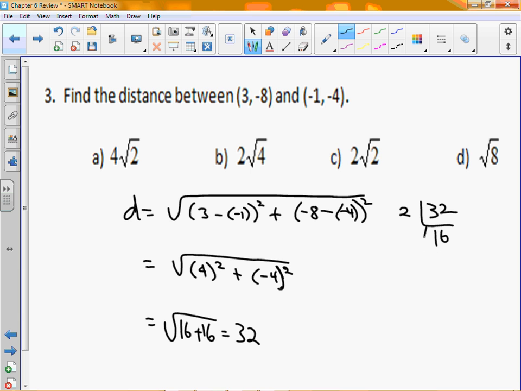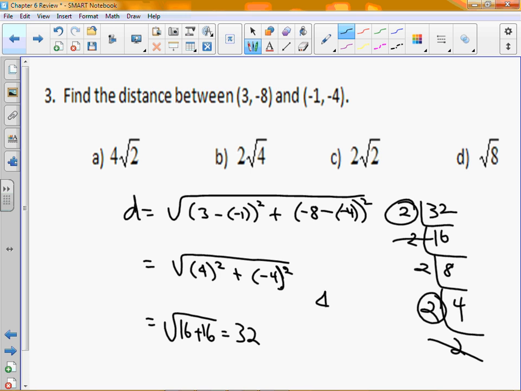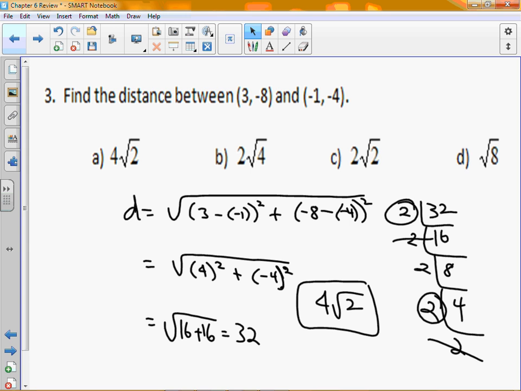If you keep going down and you say 2 goes in there 8 times, 2 goes in there 4 times, 2 goes in there 2 times. The reason we chose to circle 1 and cross 1 out, circle 1 and cross 1 out, is so that the things that ended up circled go out front. There's your 4 to the square root of 2.